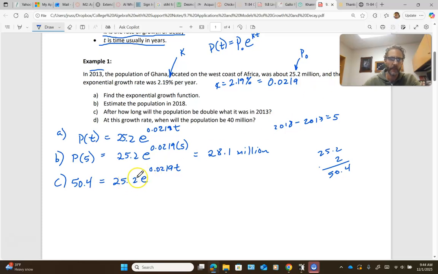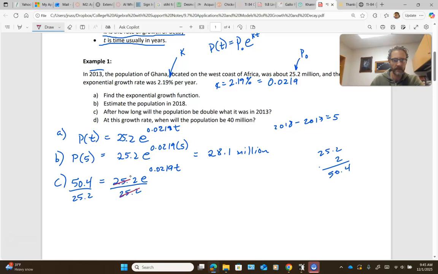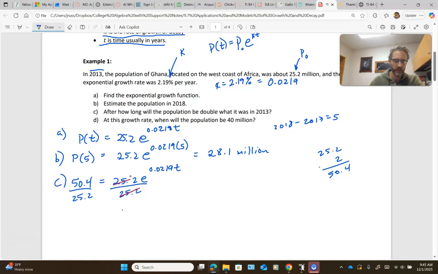Okay, so I'm going to divide both sides by 25.2. That's going to be my first step. So on the right hand side, these divide out, and we're going to be left with just e to the 0.0219 times t is equal to, well, this is going to go 2 times because we just doubled 25.2 and we got 50.4.